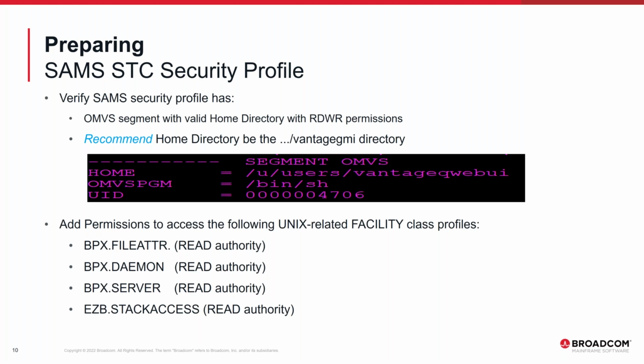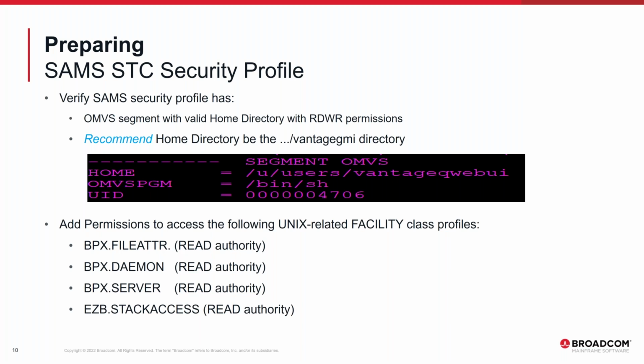Then if SAMs does not already have the BPX facility classes for OMVS, I recommend getting these added: the BPX file attribute, the daemon, and the server. They only need to be read-only authority. And then you probably already have the EZB.stack access, so that's for TCP/IP.